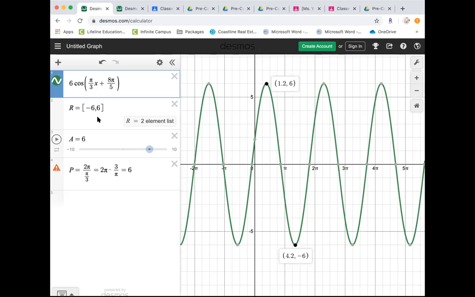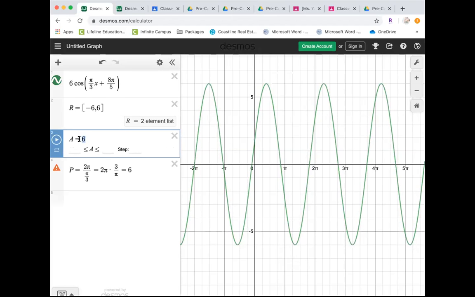And for the amplitude, it's really just what's in front of cosine or what's in front of sine. And for the period, it's what's inside next to the x. They put it under 2 pi and you just solve for this.